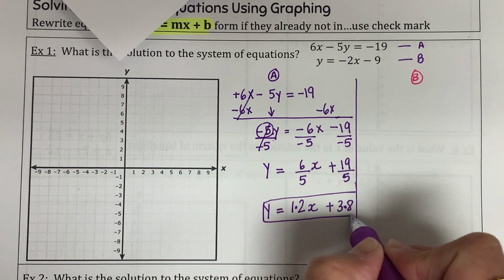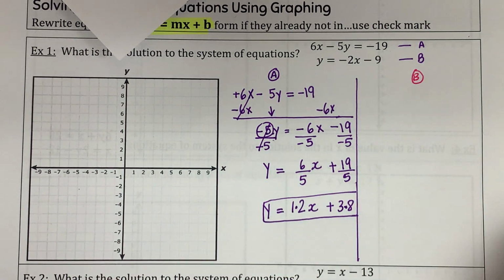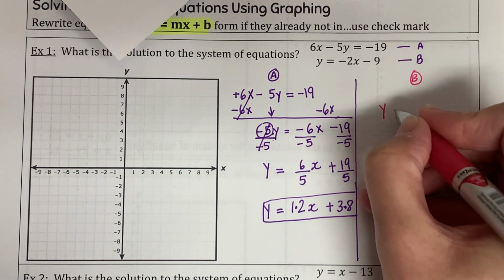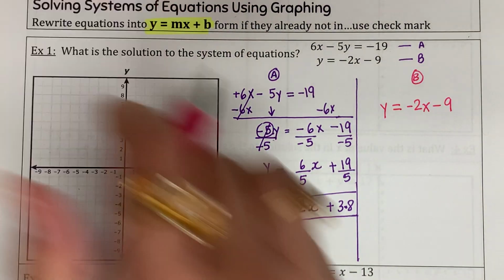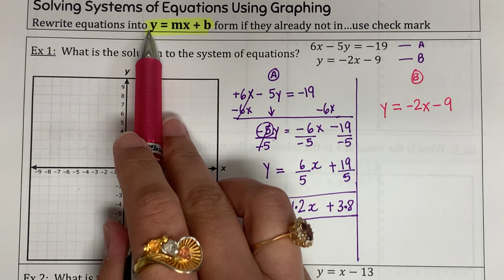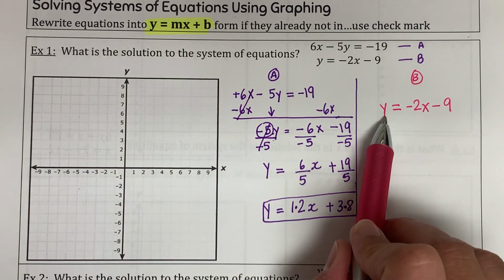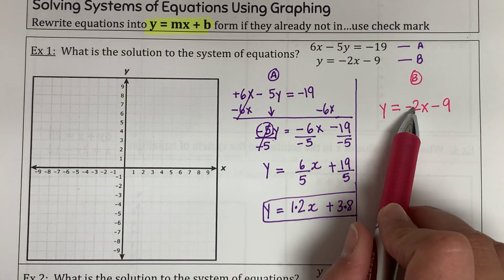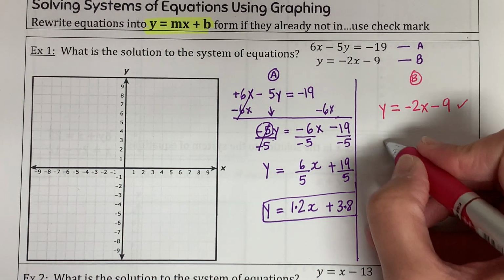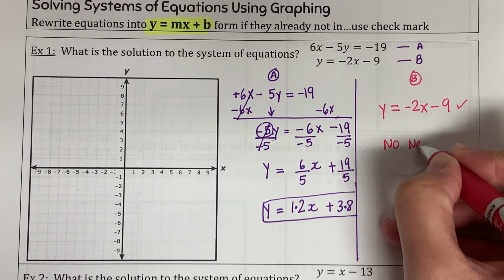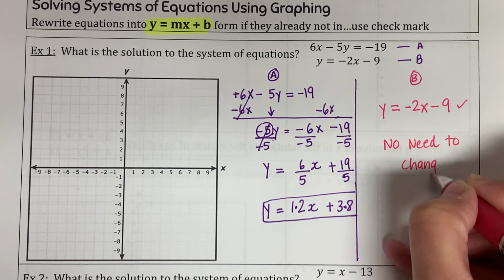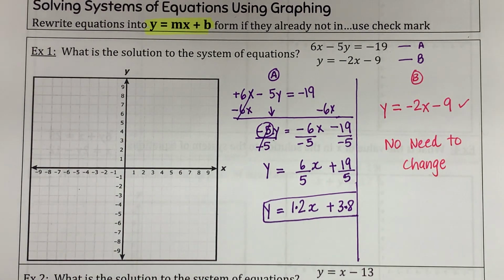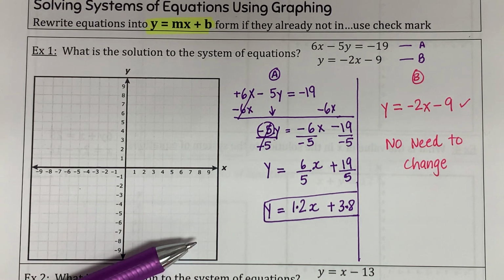This is what I'm going to graph using the calculator. Let's work with the B. It is y equals negative 2x minus 9. Pay attention, y equals, and you are saying y equals. So yes, this is correct. No need to change. So you are going to use it as you have.